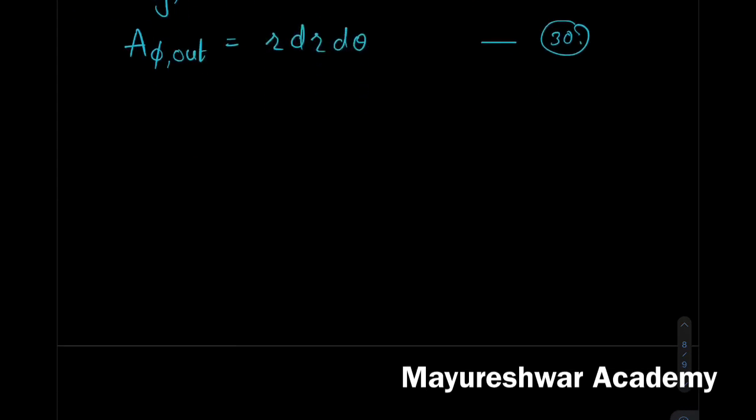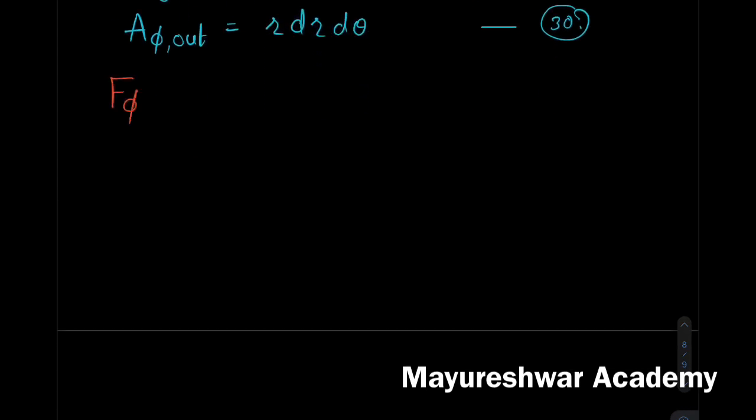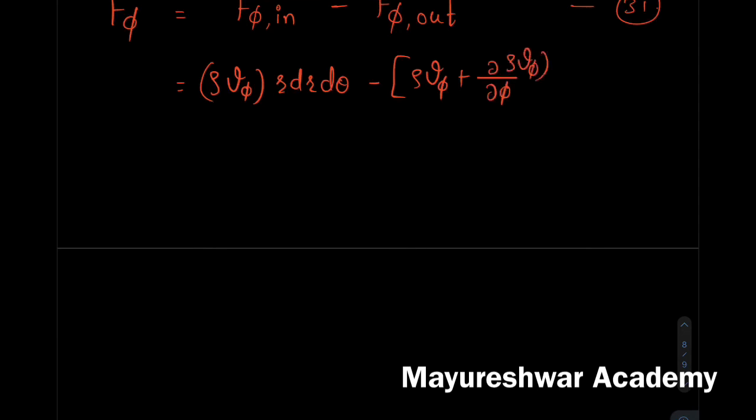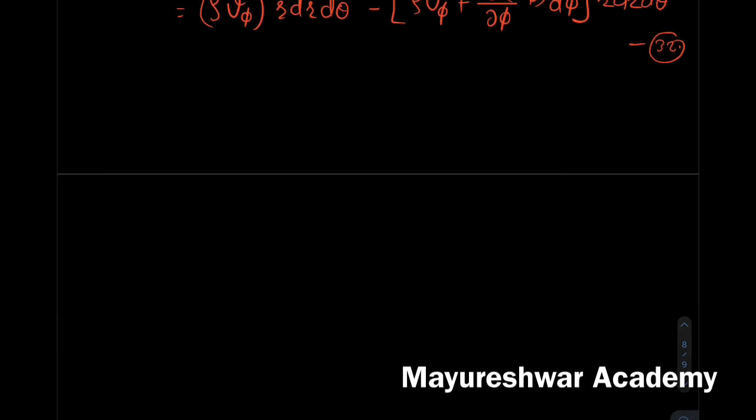Now similarly we can formulate the flux part, which is F phi in minus F phi out. So this term is rho v phi into r dr d theta minus rho v phi plus partial over partial phi of rho v phi d phi into r dr d theta. Okay, so let us simplify this.